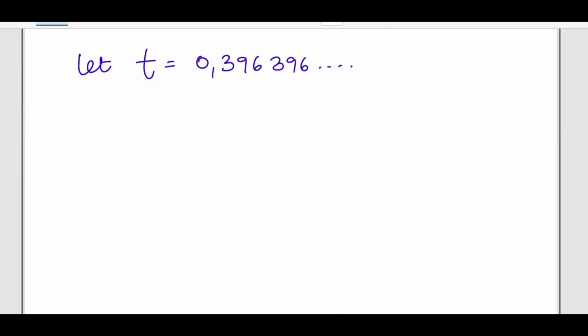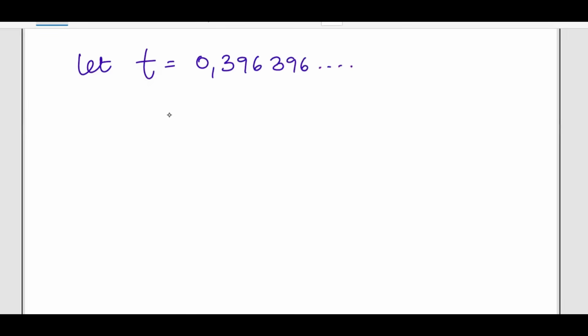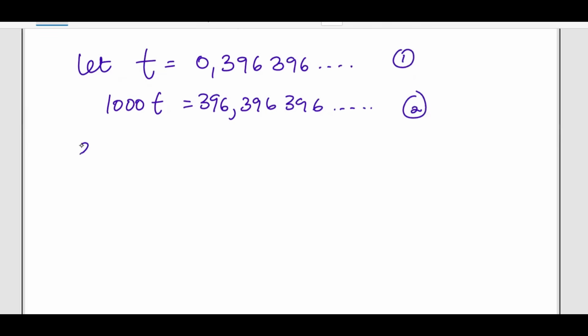Then since it's 3 numbers that are recurring, and we don't have anything that is not recurring in front or after the comma, we're going to multiply directly by 1,000. We need to move this comma to cover the numbers that are repeating. So we're going to have 396.396396, and continuously. Equation 1, equation 2, get equation 2 minus equation 1.